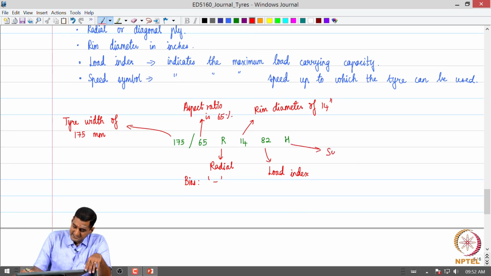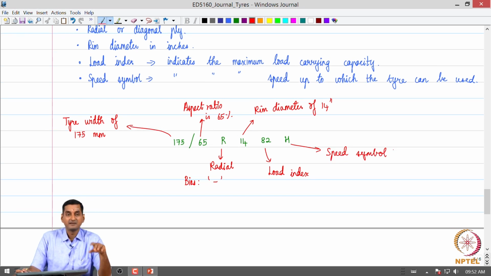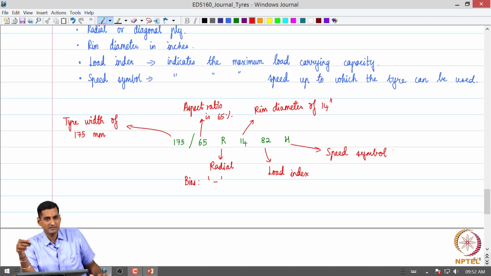And this is the speed symbol. H is a character which represents the speed symbol, as an example. In this case the character H is typically used to specify a maximum allowable speed of up to 210 kilometers per hour.